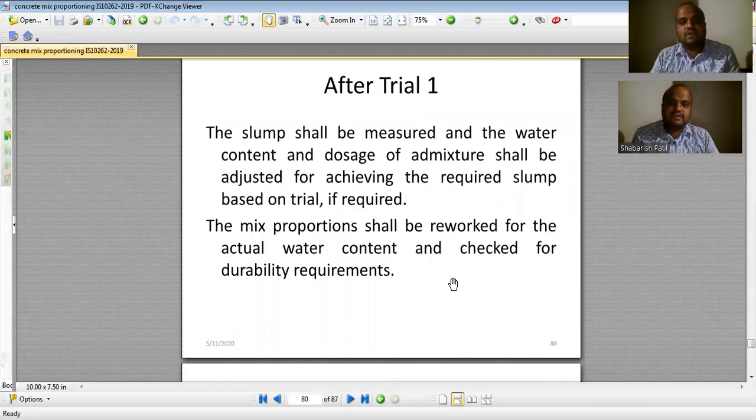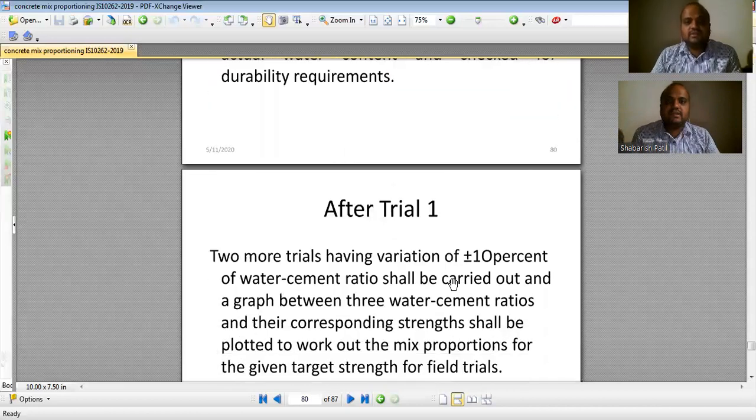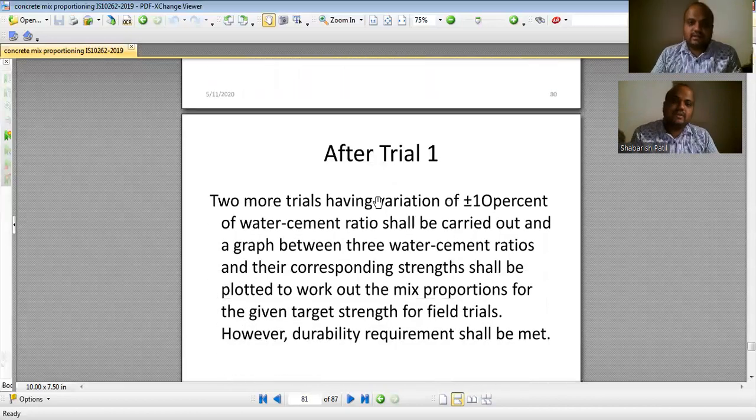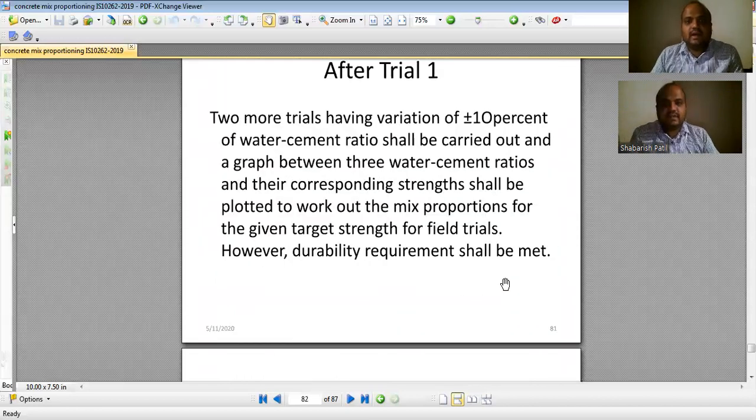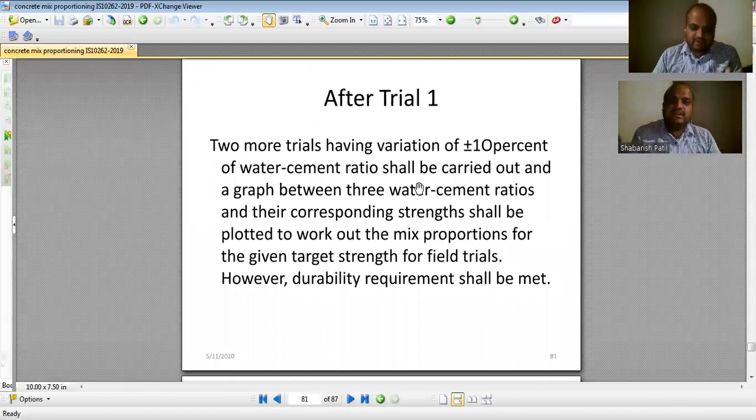If your slump is not achieved, then you can go with trial 2 and trial 3. After trial 1, you can go with a further 2 to 3 trials by changing your water cement ratio by 10%, and you need to note the record of slump and compressive strength values.